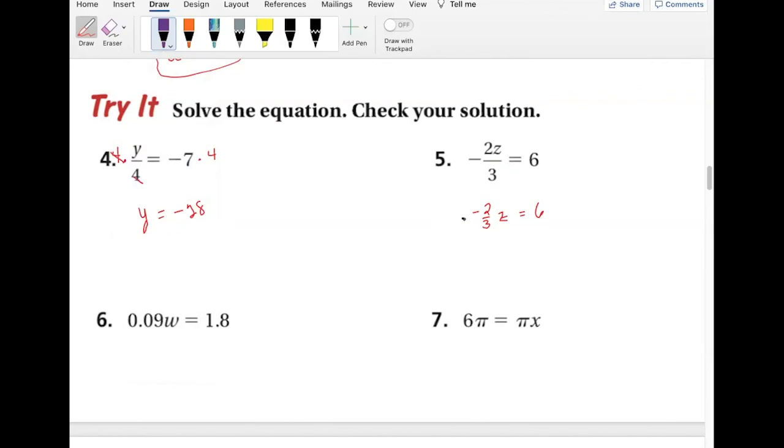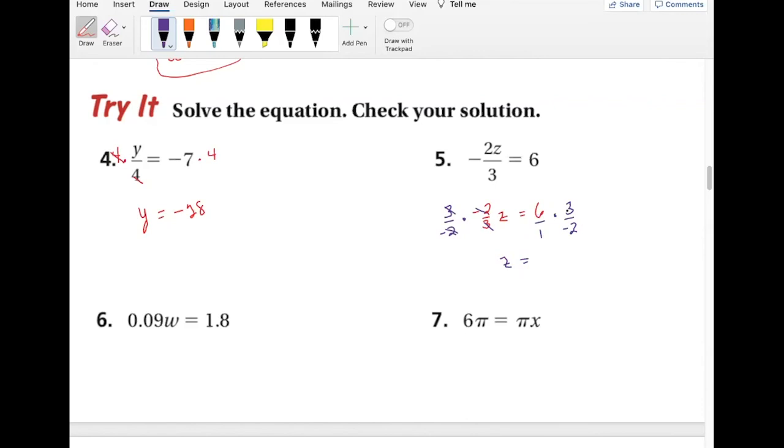So I can multiply by 3 over -2, and then I want to multiply by that same amount on the other side. The 3's will cross cancel, the -2's cross cancel, leaving us with just z equals, and I can make that 6 a fraction by putting it over 1.